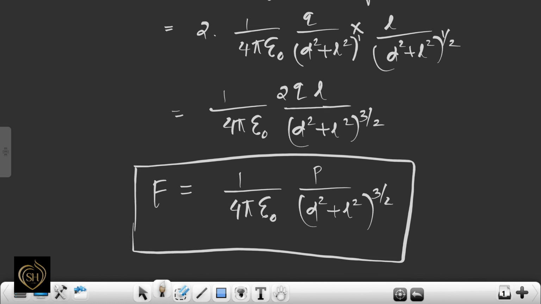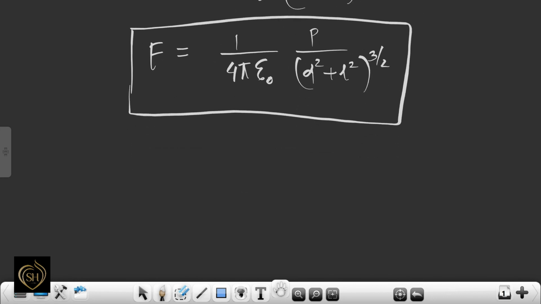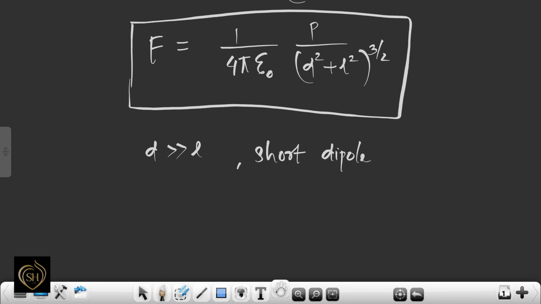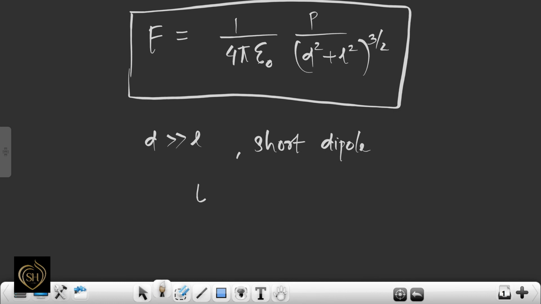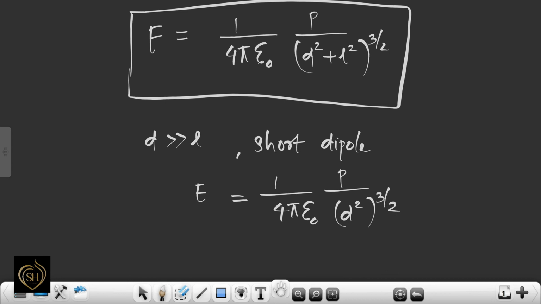This is the intensity of electric field along the equatorial plane of a dipole. Just like the axial case, we can find the intensity produced by a short dipole. Short dipole means d is very much greater than L. In that case, we can neglect the term L. So, E is equal to 1 by 4 pi epsilon 0 P divided by d square raised to 3 by 2.